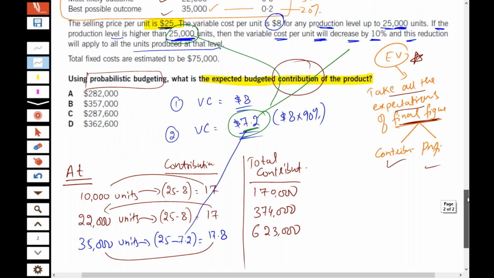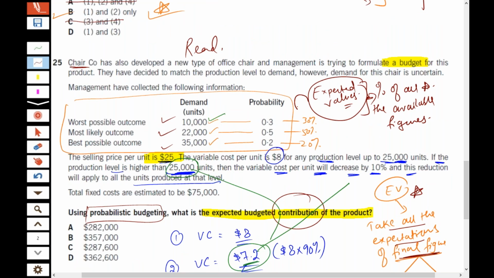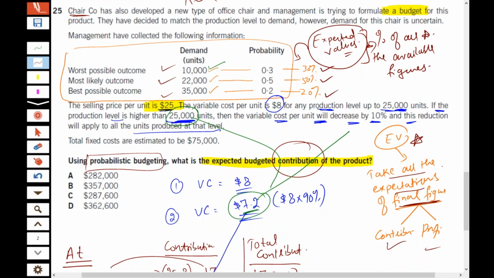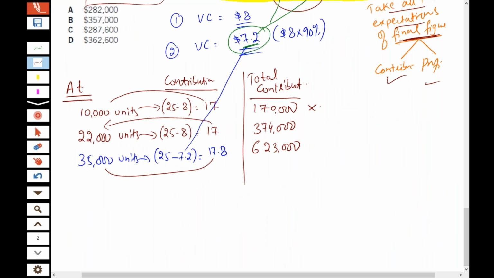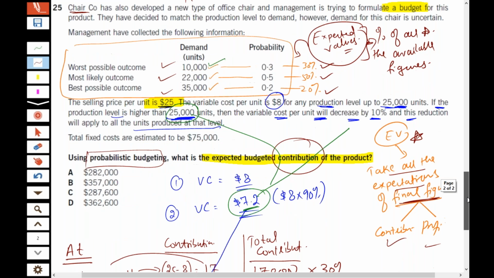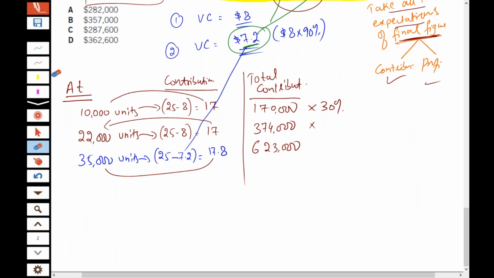But the point is this, where are the expectations? These are the expectations. Expectation means whatever the final figure you get, you apply the percentage chances. Now what are the expectations? 30, 50 and 20%.